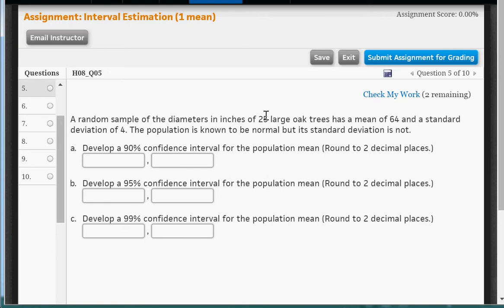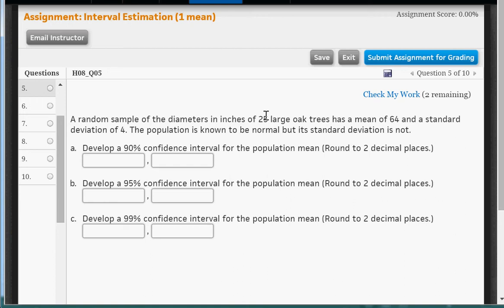Okay? So in this problem, is this a sigma known problem or a sigma unknown problem? Let's see, Ethan. Could you ask me one more time? Is this a sigma known problem or a sigma unknown problem? Well, it says standard deviation of 4, so isn't sigma known? Okay, let's reread the problem real quick.